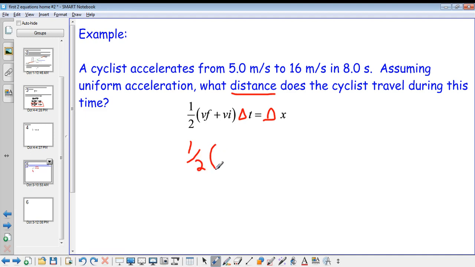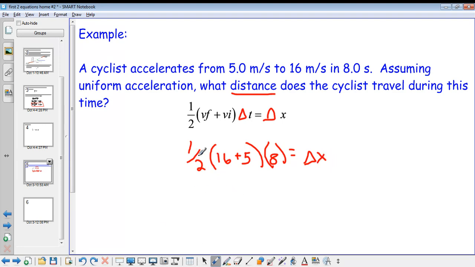Final velocity is going to be 16. Initial velocity is going to be 5. And change in time is going to be 8 seconds. And that's going to allow us to find delta x.